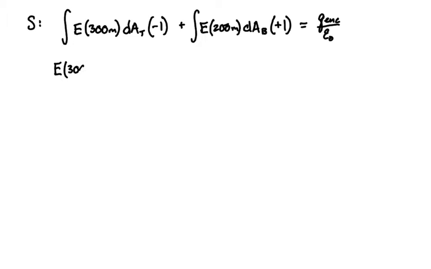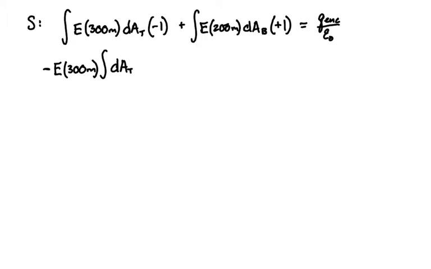The electric field at 300 meters times the integral, there's a negative here from our angle between the vectors, times the integral of our differential area at the top. What is the integral of a differential element? You could rewrite this as, what is the integral of dx? Well, it's just x.